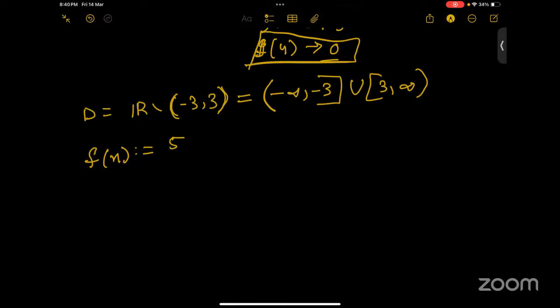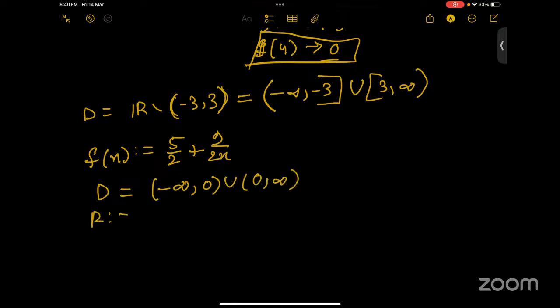So what is our f? f is 9 by 2x. What is the domain of f? Domain is R minus {0}, and the range is minus infinity to 5 by 2 union 5 by 2 to infinity.